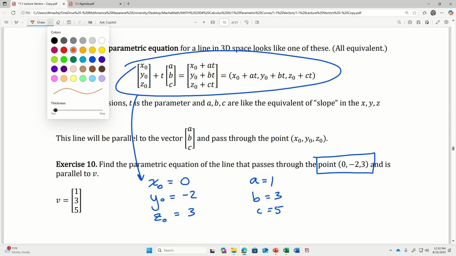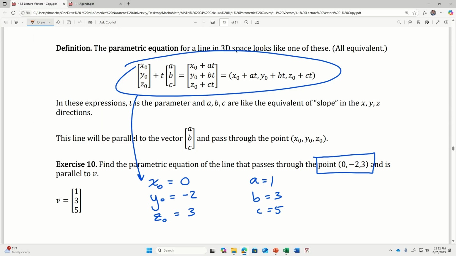So let me go ahead and write the answer now. Zero plus 1t, and then -2 plus 3t, and then 3 plus 5t. Okay.